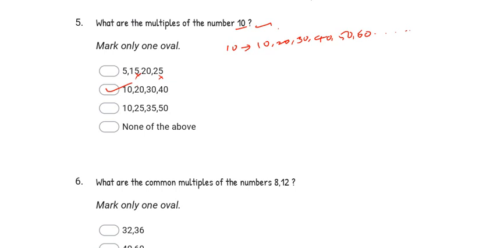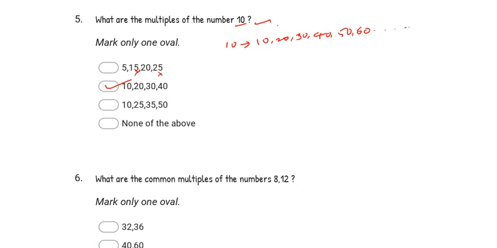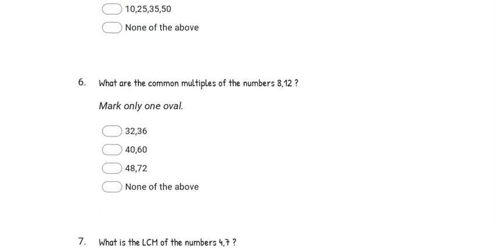Here the second question is, what are the common multiples of the numbers 8 and 12? The multiples of 8 are 8, 16, 24, 32, 40, 48, 56, 64 and 72.